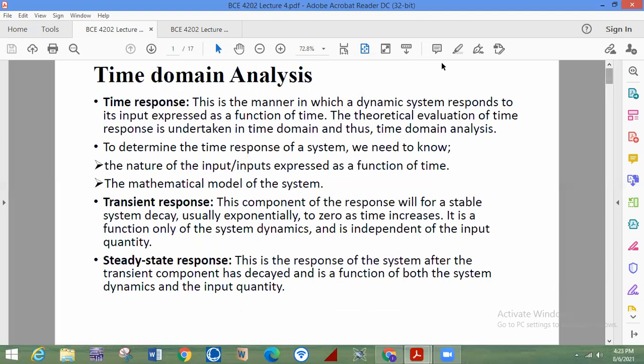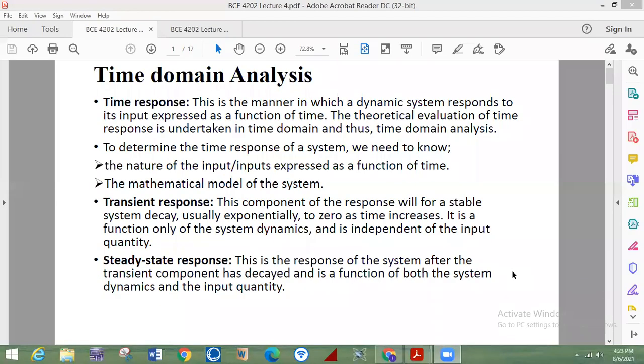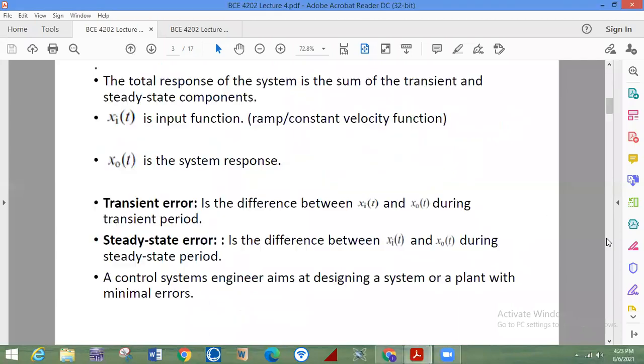Do we have any questions? Slide number 14. Slide 14. What about that slide?